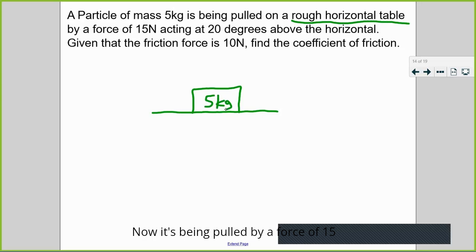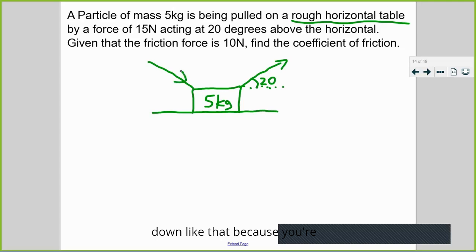Now it's being pulled by a force of 15 N acting at 20 degrees above. Now, because it's pulling, you would take it up. This would be a pulling force, and the angle is 20 degrees. If it's a pushing force, then it goes down like that because you're obviously pushing, so you will push down.